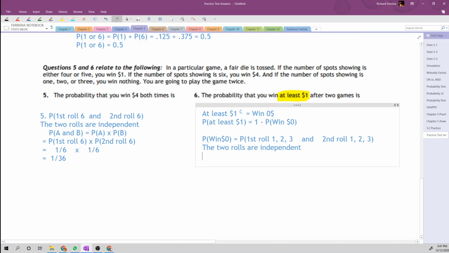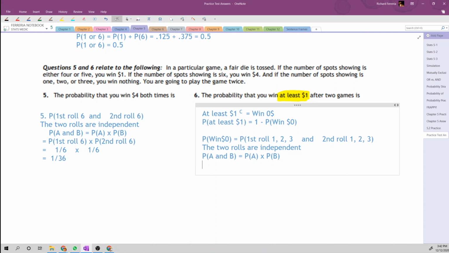The probability of winning nothing is the same thing as saying you roll a 1, 2, or 3 in the first roll, and you roll a 1, 2, or 3 in the second roll. And just like last time, the two rolls are independent. Anytime you're rolling dice, the two rolls, or however many rolls you have, is going to be independent.